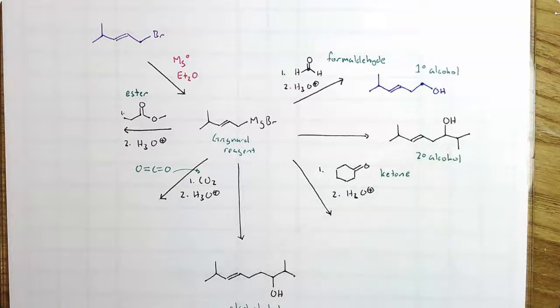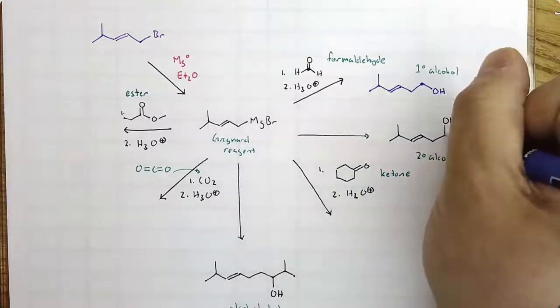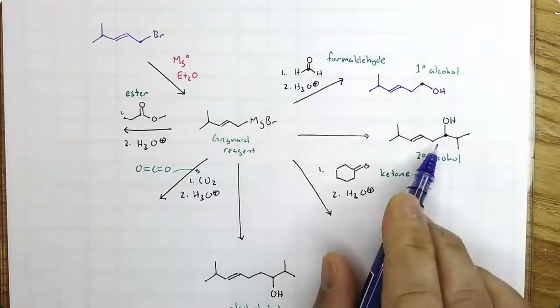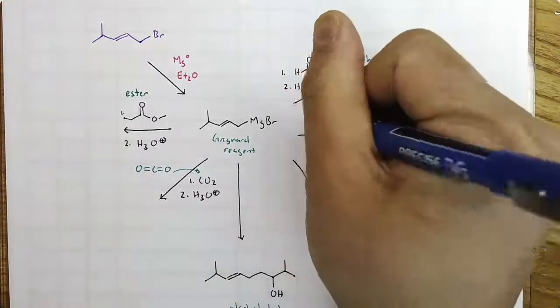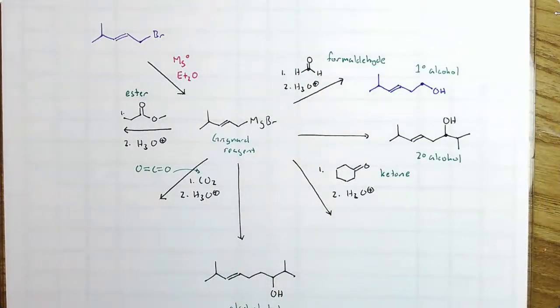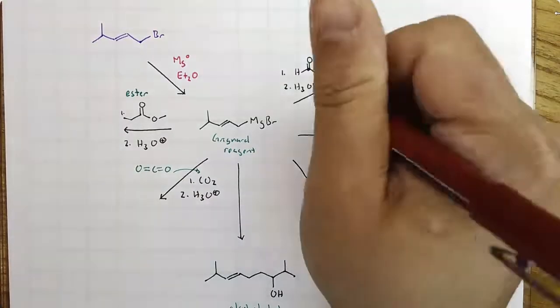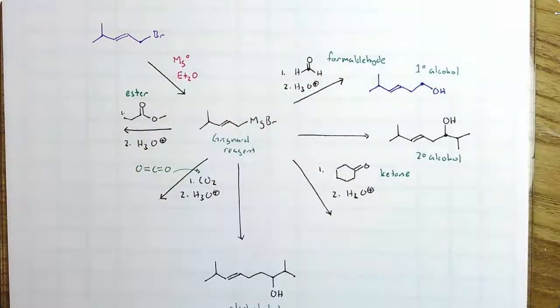So what do you think happens if the resulting alcohol has two R groups? Well, here's one of them, and what color should I use now? Oh man, let's use pink.